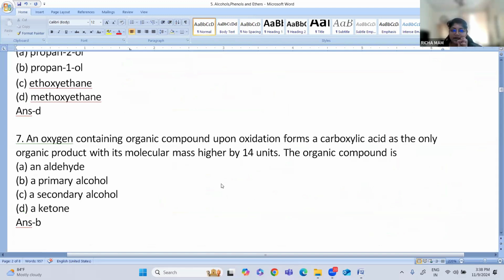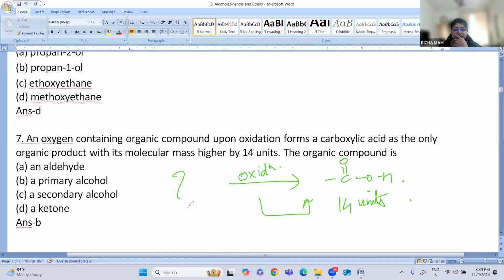The organic compound is, so an oxygen containing organic compound undergoes oxidation and forms a carboxylic acid as the only product, and the molecular mass has increased by 14 units. They have asked which is this organic compound.